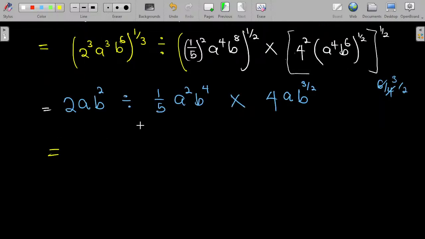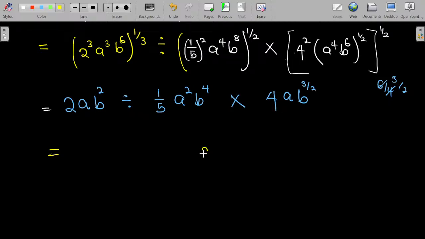So we can now begin to multiply and divide where necessary. So first of all, you remember I said numbers will divide and multiply numbers, alphabets will divide and multiply alphabets. So 2 will be divided by 1 over 5 and be multiplied by 4.